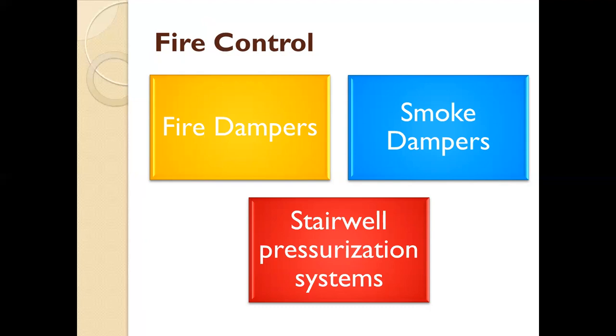Smoke sensors may also control smoke by shutting down the air handling system when smoke is detected. And for stairwell pressurization systems, they increase the air pressure in stairwells, thereby keeping the stairwells relatively smoke-free. So these are for fire controls. We have the fire dampers, smoke dampers, and stairwell pressurization system.